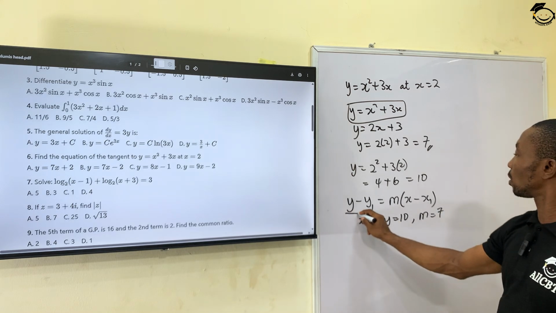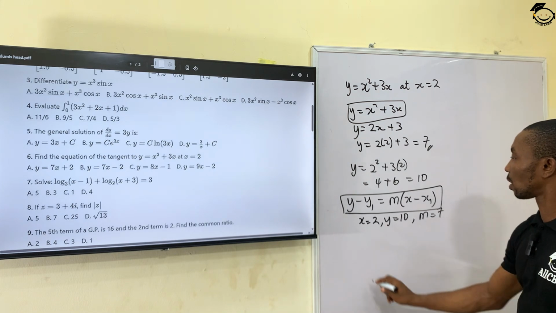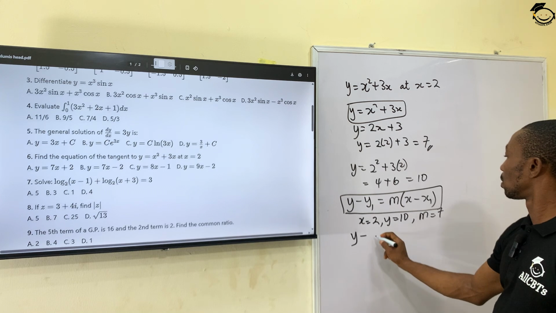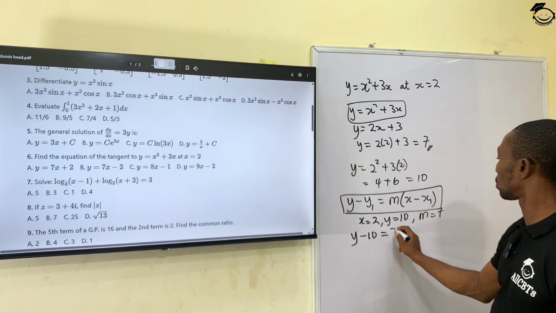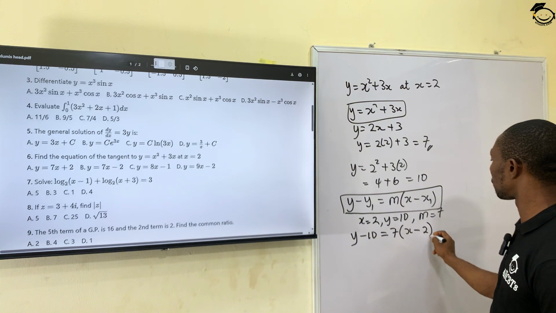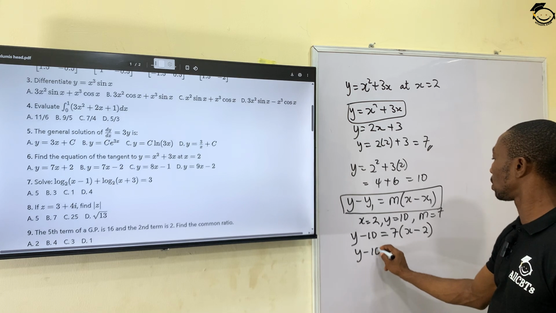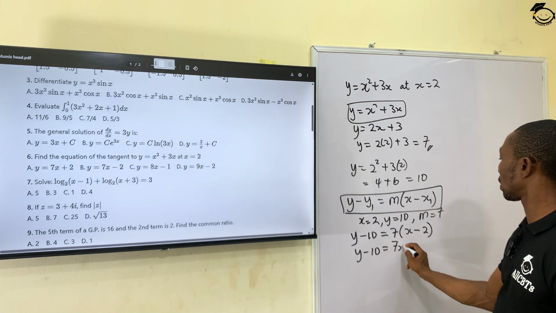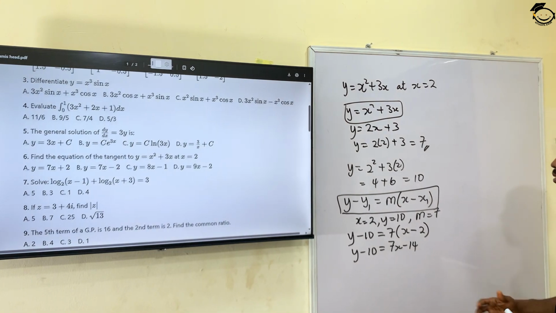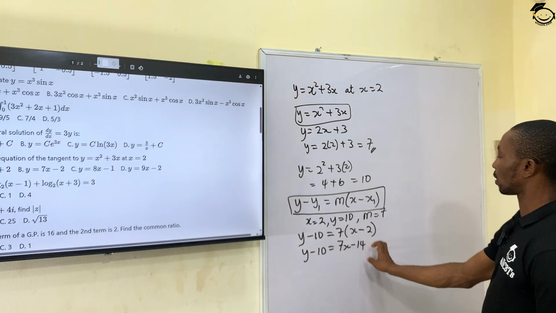Now substituting into this formula, we have y minus 10 equals 7 bracket x minus 2. Expanding this, we have y minus 10 equals 7x minus 14. From here, we'll move our minus 10 over to this side.